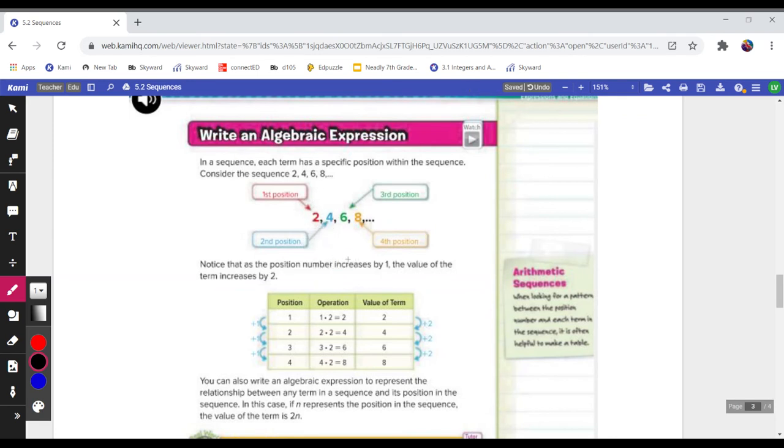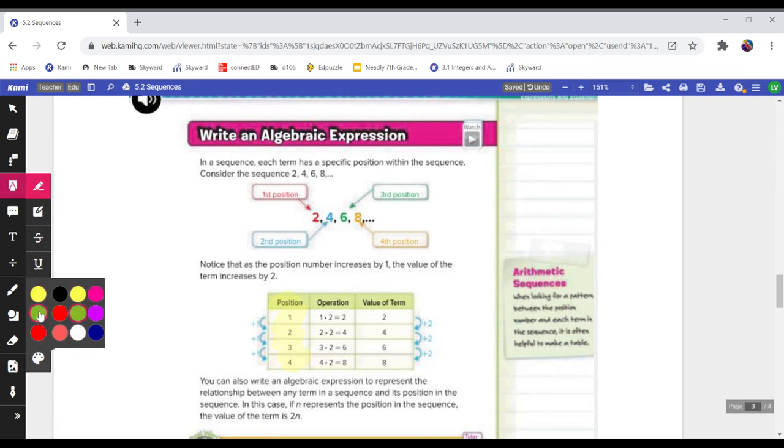So if you notice, they put this into a table of values. They broke it down to where you have the position in the first column. So that's 1, 2, 3, 4. Then they have the value of the term in the last column, 2, 4, 6, 8.